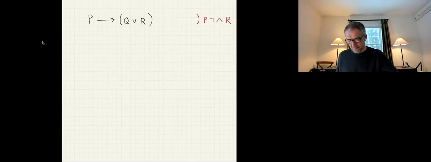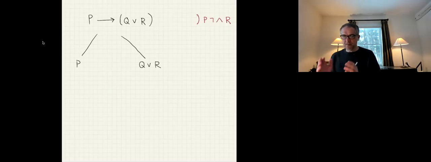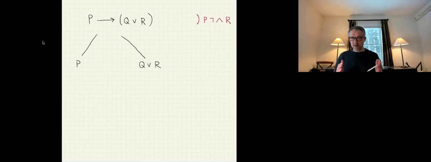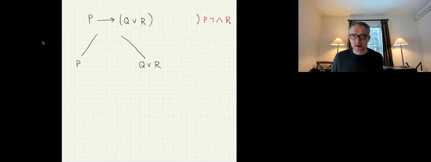This formula was put together using if-then, the conditional arrow, with formulas P and Q or R. Notice I don't need to put the parentheses around this Q or R because I'm still following that convention that when I put a formula by itself, it doesn't need parentheses on the outermost bit. As soon as you put it together with another formula, it needs to go in parentheses so you know which bits are getting put together. Okay, so that's the first step in the construction tree of this formula.